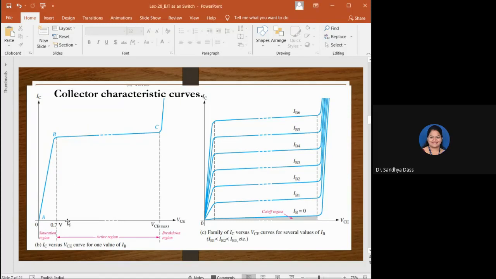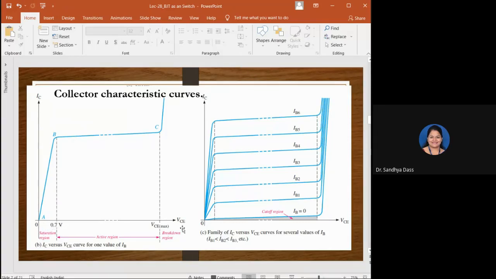So in that condition, if I'm varying VCE, the other junction, the base collector junction, is also forward biased. As I'm varying VCE, look at this, the collector current is also increasing. Are you all with me? So this region, when both the junctions are forward biased, as you vary VCE, the collector current increases till VCE is less than 0.7.